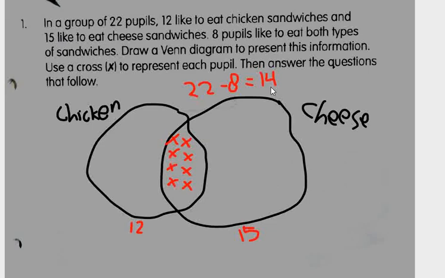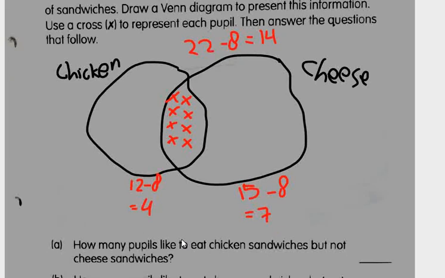Alright, so let's subtract the 12 by 8 because it has already been drawn, 8 crosses. So we have 4 more left, and this one, if you minus 8, we have 7, right? Yeah, 7.